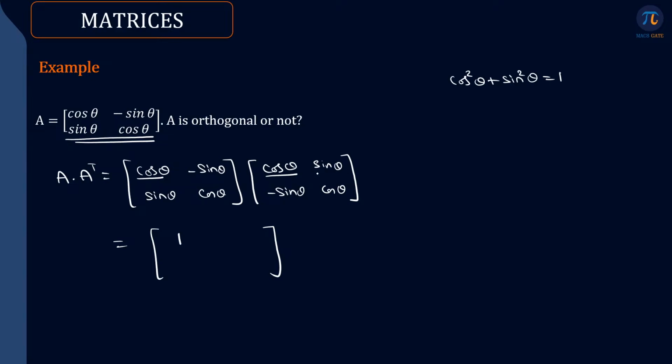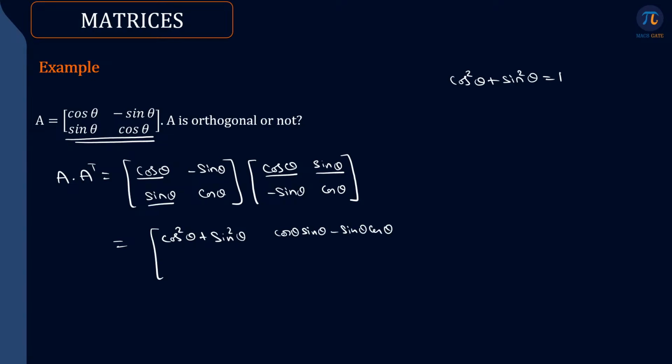And here cos theta into sin theta minus sin theta into cos theta. So if you want, you can just write down the details. Here you get cos square theta plus sin square theta. Here you get cos theta sin theta minus sin theta cos theta.